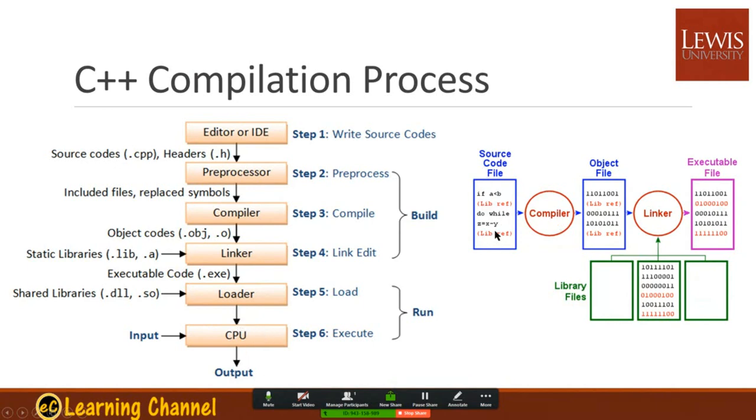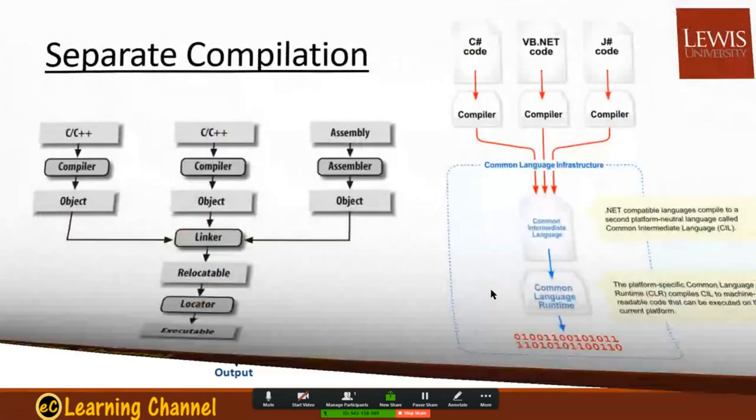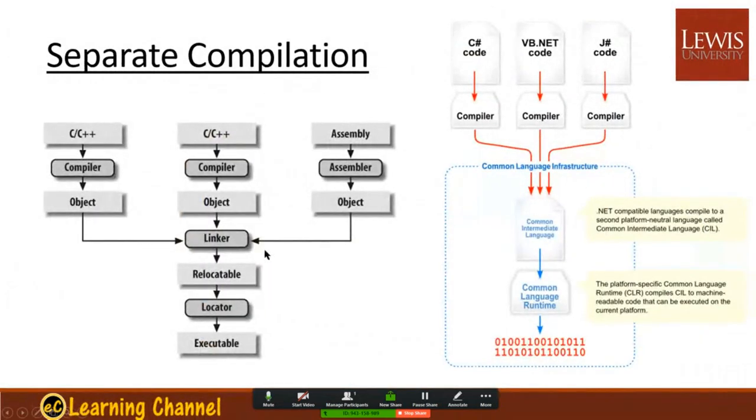So you have source code of a .c file or .cpp file, and then pass it through the compiler, and you have a .o file or .s assembly file, and then the assembly file you need to assemble, but if it is an object file, you can link it and run. And with separate compilation, you can provide object code from different languages and then link them together to run.